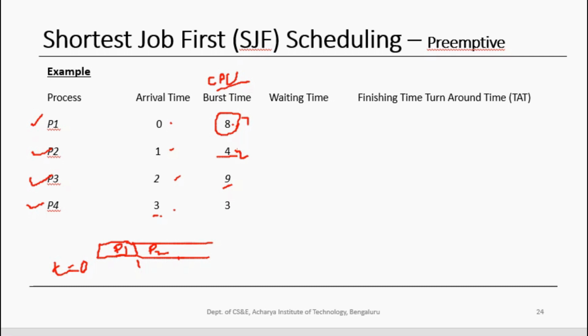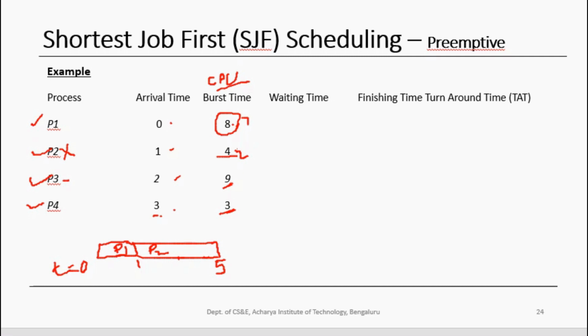Okay, what is the next CPU burst time of this P4? That is 3. So 2 is less than 3, therefore P2 is allowed to complete. So it will complete after 5 time units. Okay, now at t is equal to 5, we have P1 that completed one time unit, P2 is done, we have P3 with 9 time units, that is the next CPU burst time of P3 is 9 and the next CPU burst time of P4 is 3.